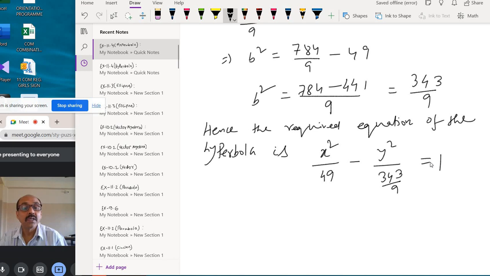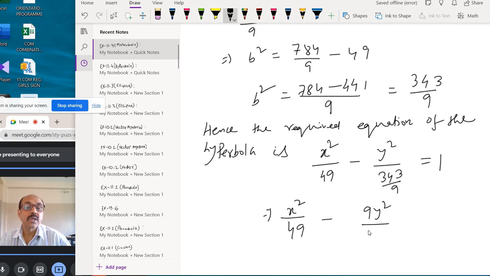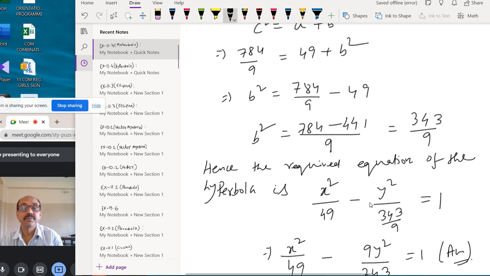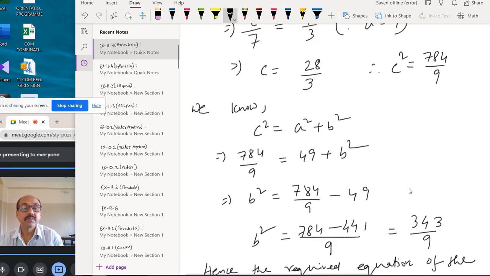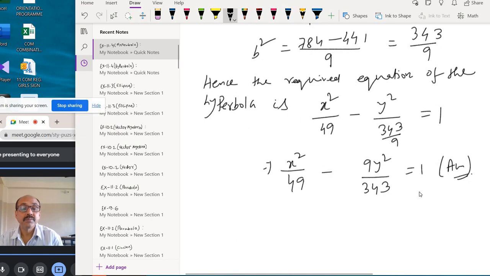We can also write this as x square by 49 minus 9y square by 343 equal to 1. This is the answer. Is it clear? Yes, sir. Done.